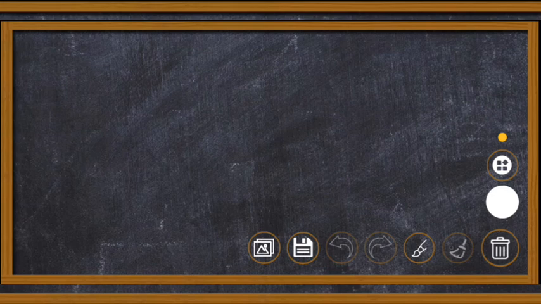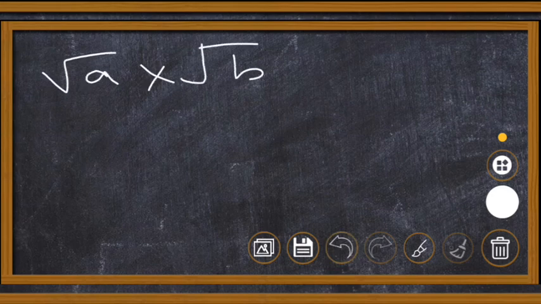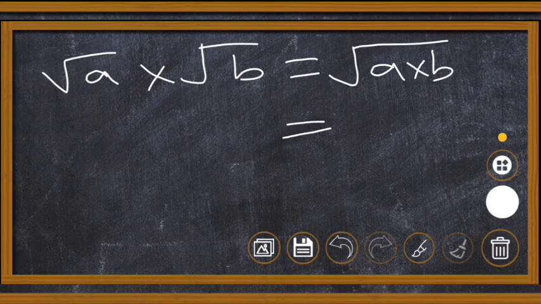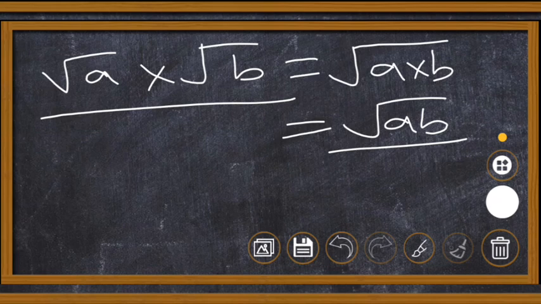What I mean is this: let's say we have the square root of a, multiplied with the square root of b. This can also be multiplied in the same root, that is a multiplied by b. Of course, we know a multiplied by b is ab. So this and this are just the same according to the product rule.